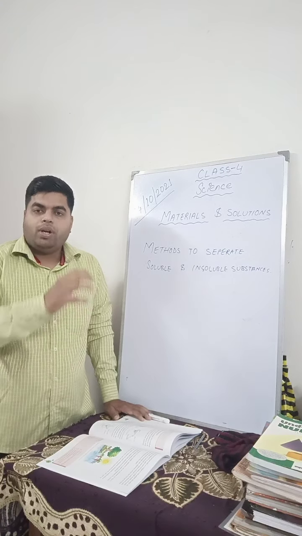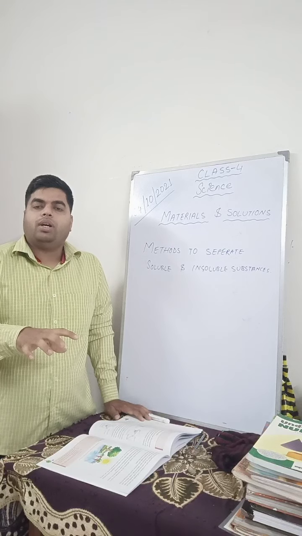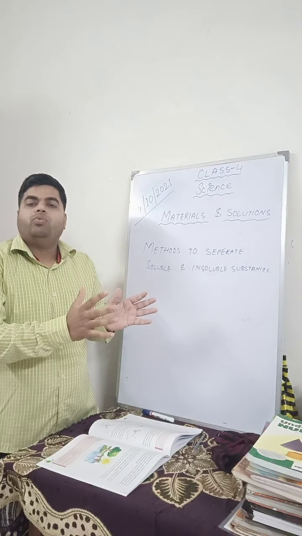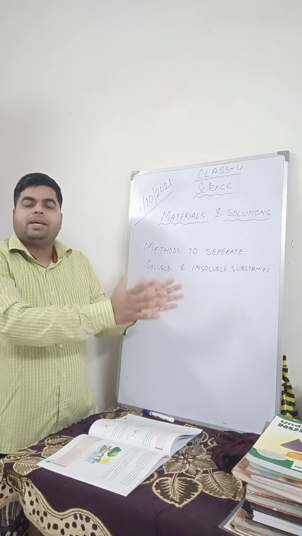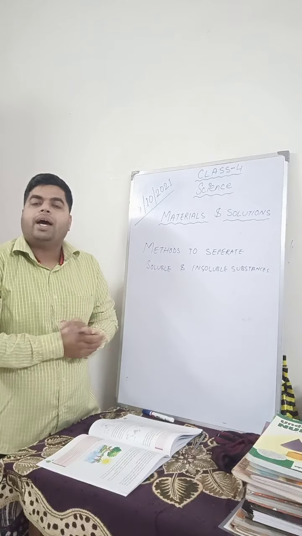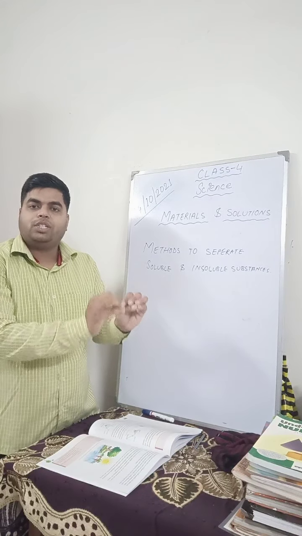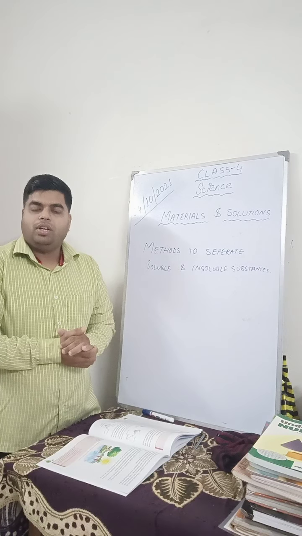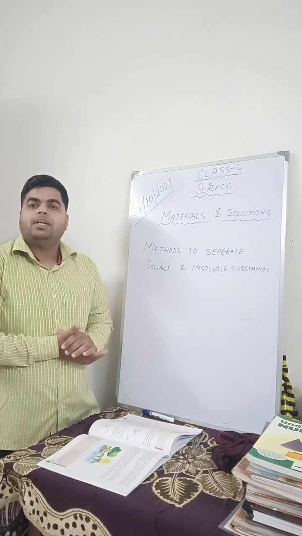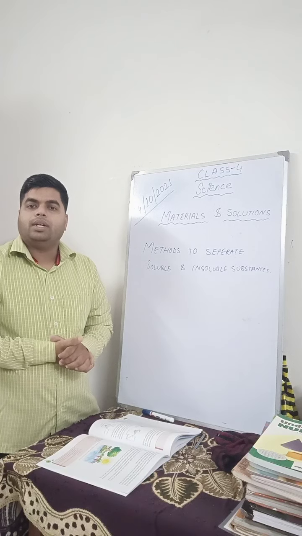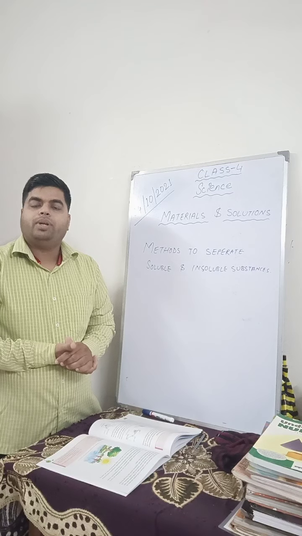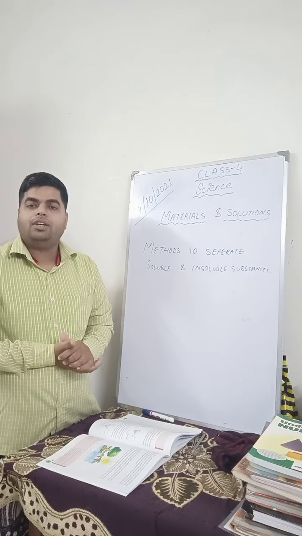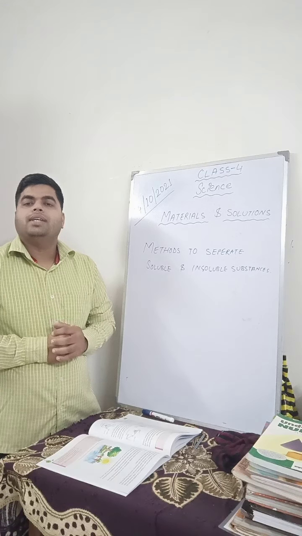Once the sand is mixed in the water, keep the jar in a place and let it be untouched for some time. You will see after some time the sand particles settle at the bottom of the water. This process of settling of the sediments is known as sedimentation.